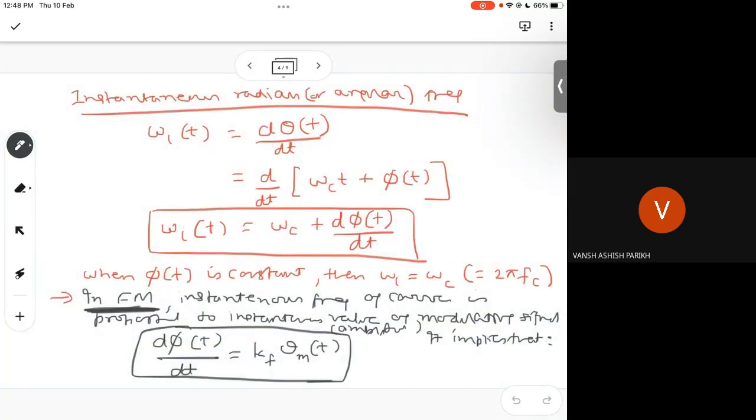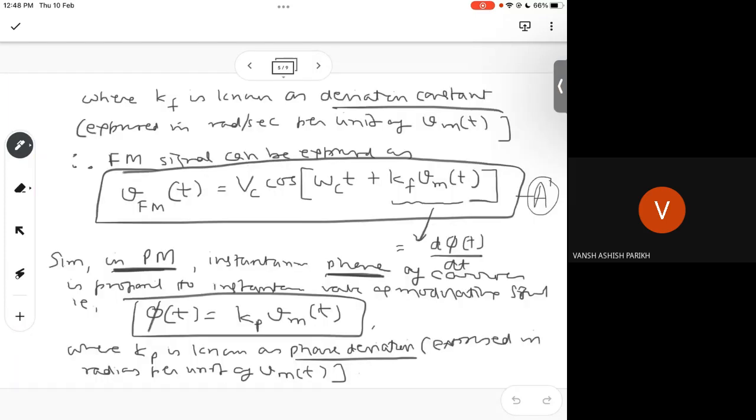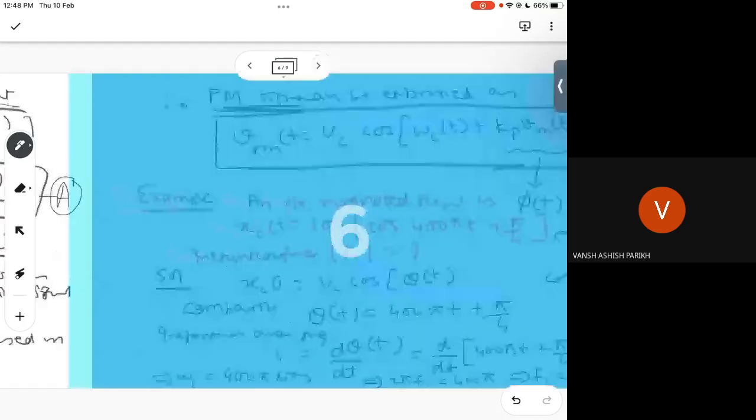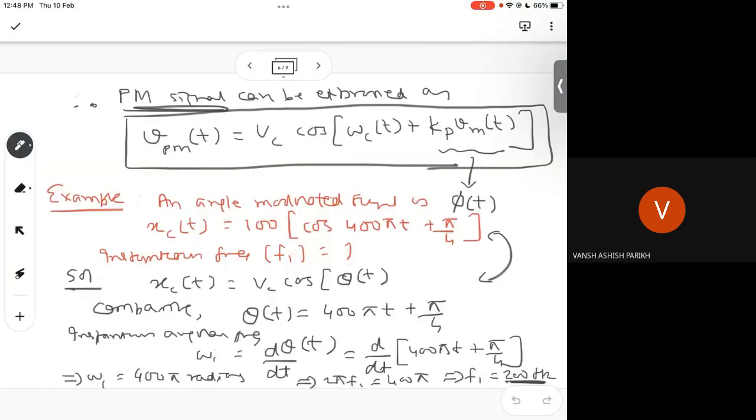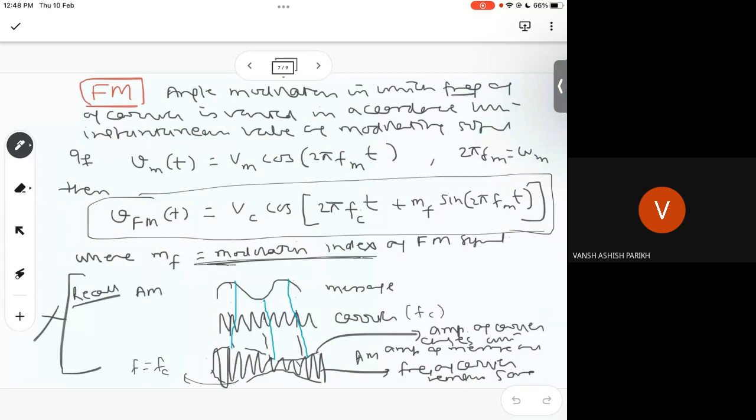Yes, Kf is known as the deviation constant. So this is the expression for an FM modulated signal, Vc cos(ωc t plus a term), in terms of the deviation constant. And this is the other one which we just got, in terms of the frequency modulation index, mf, and we'll understand this.